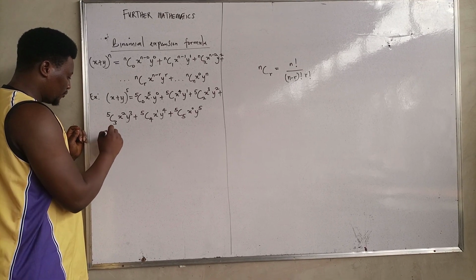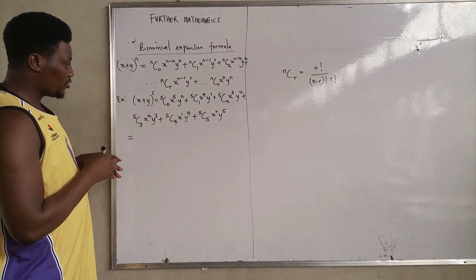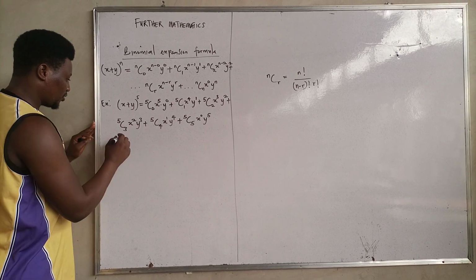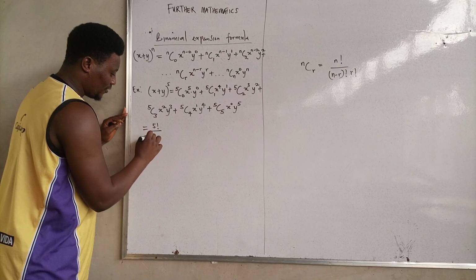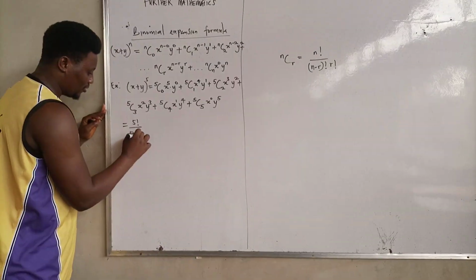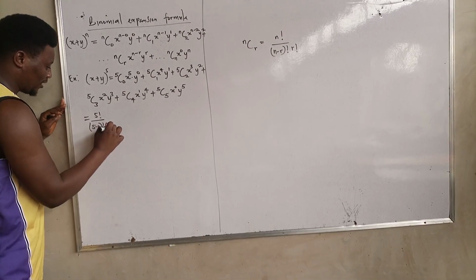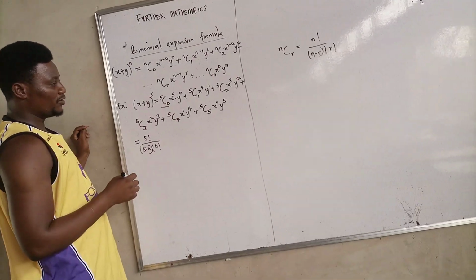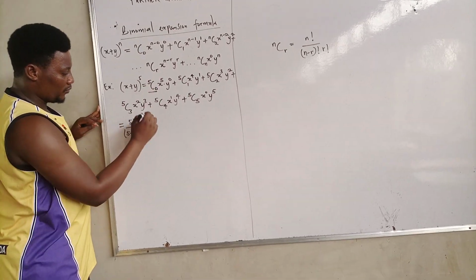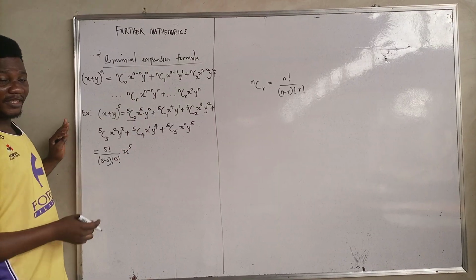So we move on. 5 combination 0 is going to give us 5 factorial all over (5 minus 0) factorial times 0 factorial. That is what we are going to have for this 5 combination 0. Don't forget we have x raised to power 5, and y raised to power 0 is 1.